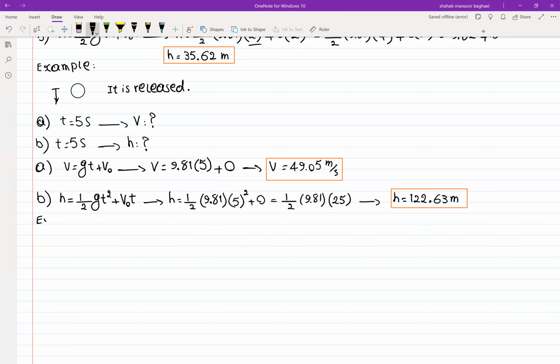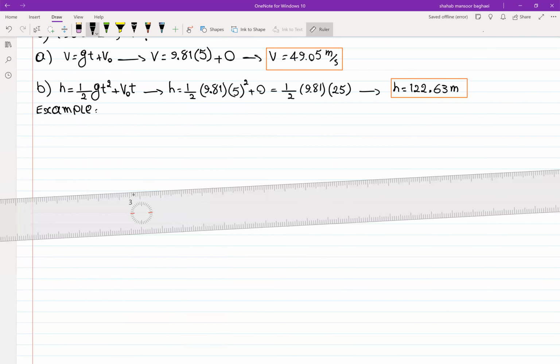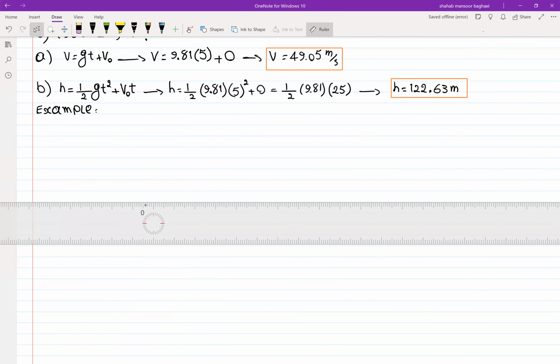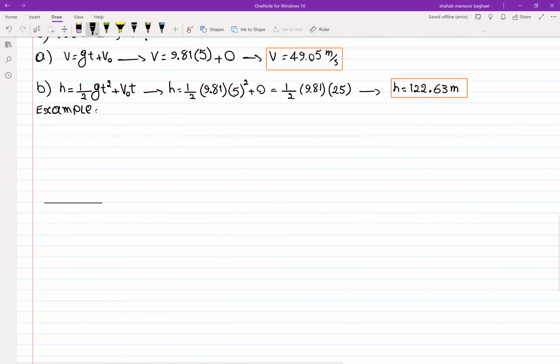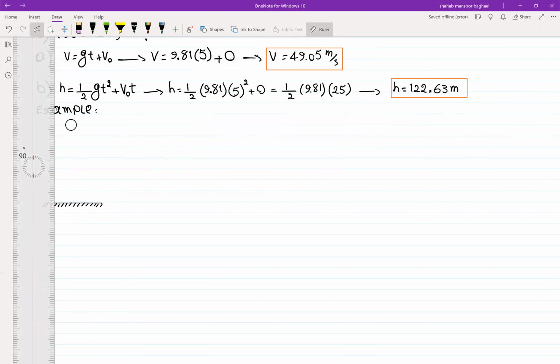So next example. There is a falling object here. It is released from a height of h. Look at this figure. From this height that we don't know, it is released.